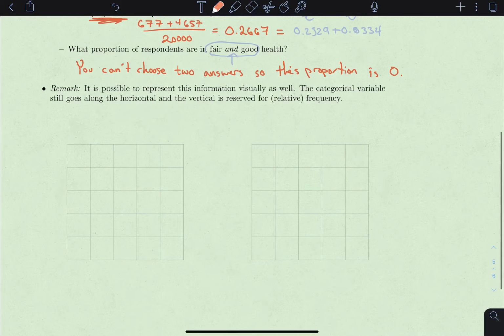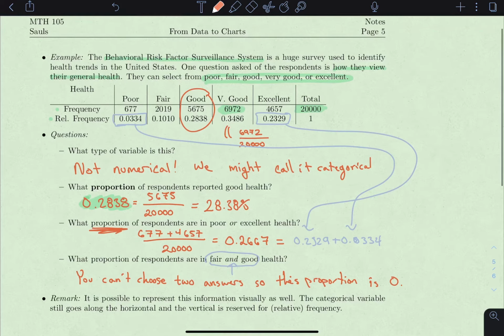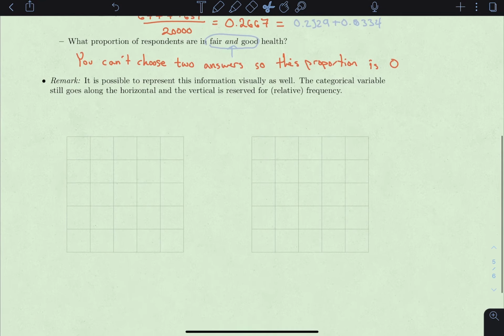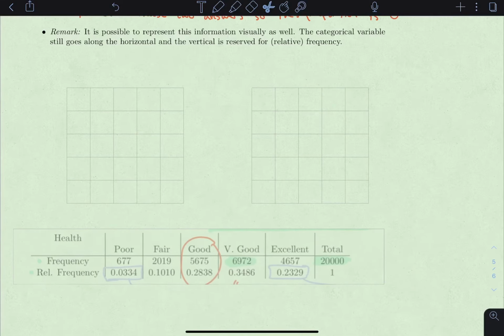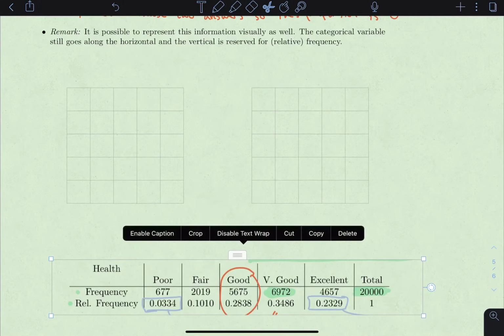And then finally, let's produce a visual graphic of this. Let's actually drag that table back down so we don't have to keep scrolling. Let's copy. Paste. Okay. And let's move this a little bit more out of the way.